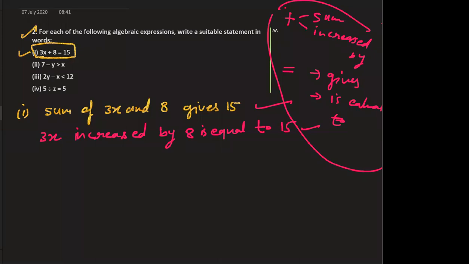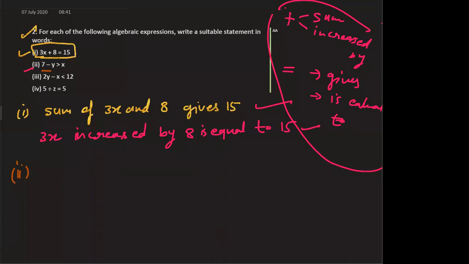For example, if we talk about the second algebraic expression, which is 7 minus y is greater than x, what will we write? 7 decreased by y is greater than x. Very good, Jatin. Rukaya, very good. Arush, don't write the half answer.